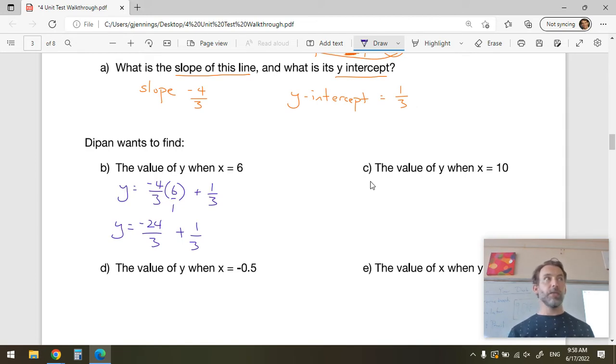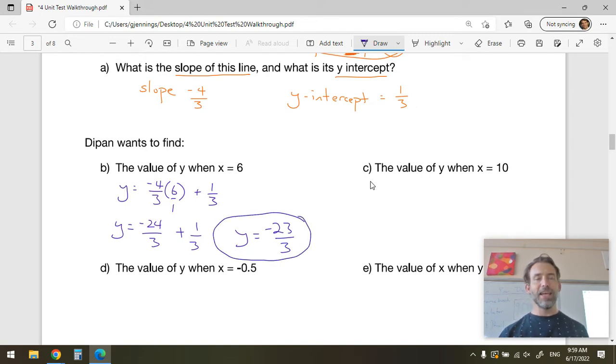Further negative. So you imagine a day that's -24 degrees, but then it gets 1 degree warmer. It'd be -23. So the answer here is y is equal to -23/3. For those of you that told me that it's -7 2/3, that's also correct. -23/3 is absolutely acceptable as well.